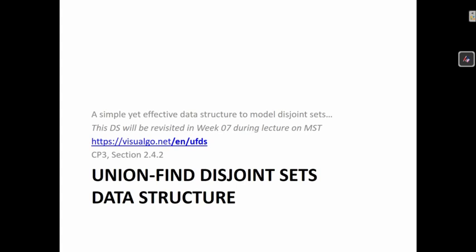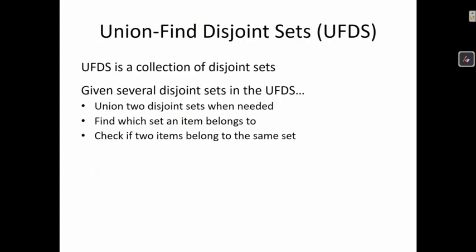Let's look at the first data structure we'll deal with today, which is the union find disjoint set data structure, or the UFDS. We'll revisit this again when we deal with minimum spanning trees. Basically, what's a union find disjoint set? It is a collection of disjoint sets.